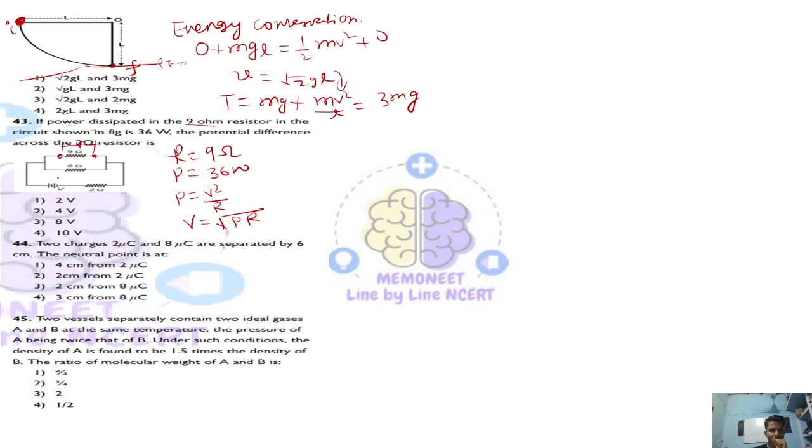This will be the same as across the 6 ohm. So the potential difference across the 2 ohm will be the total potential minus the potential difference across the 9 ohm, and once you calculate it, it becomes 10 volt.